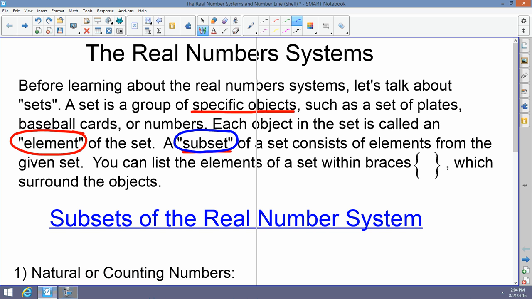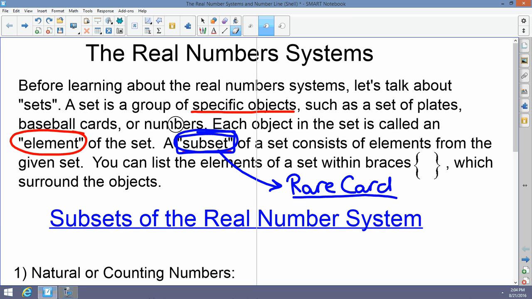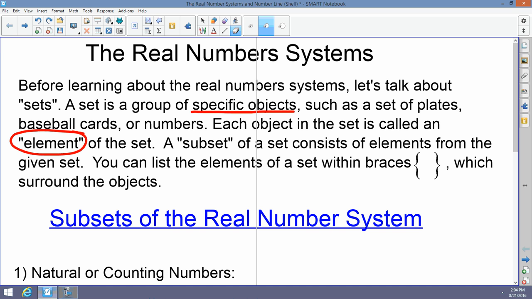Well, the rare cards would be the subset. So when you pull out the rare cards, you're defining the subset of your baseball set.